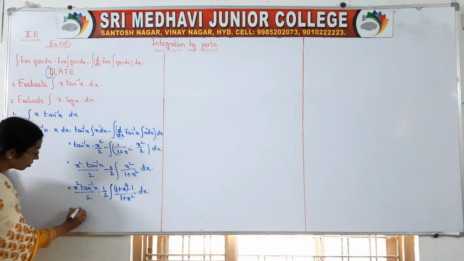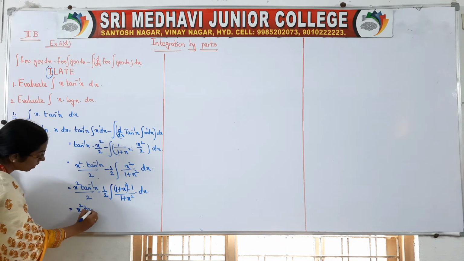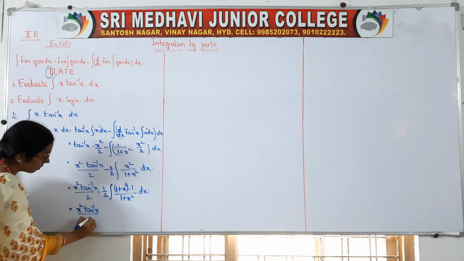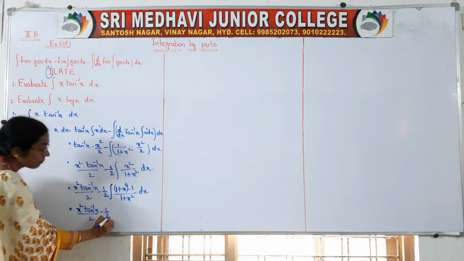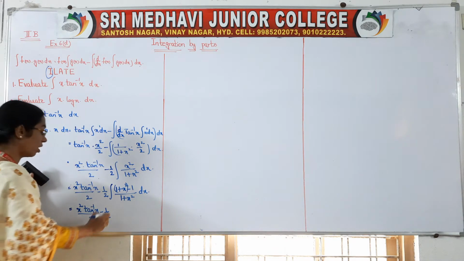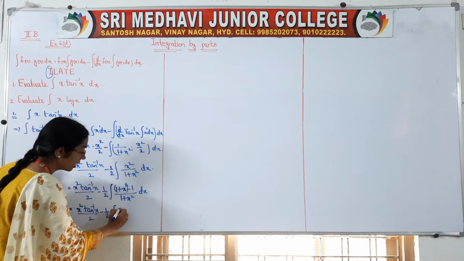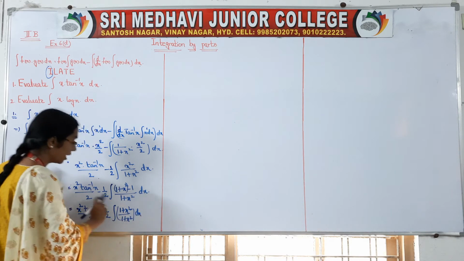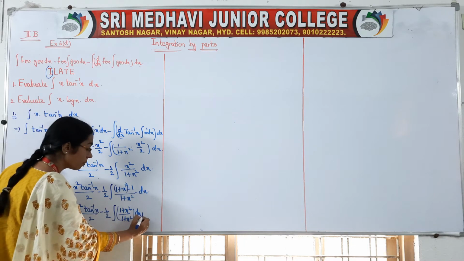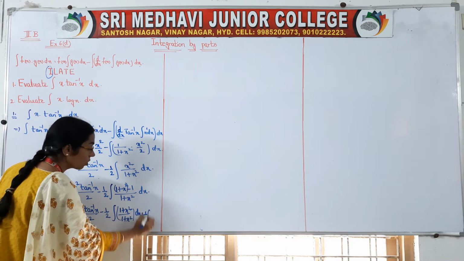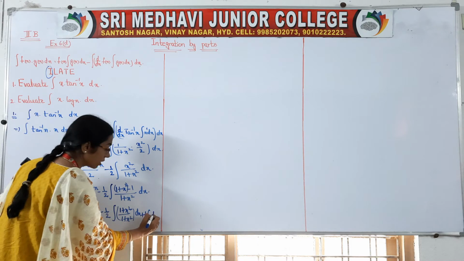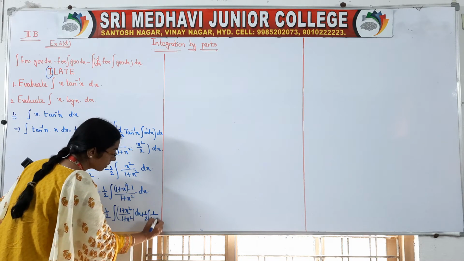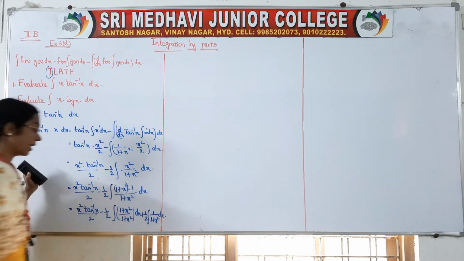So it is equal to x square tan inverse x by 2 minus 1 by 2 integral of 1 plus x square by 1 plus x square dx, minus of minus, plus 1 by 2 integral of 1 by 1 plus x square dx.